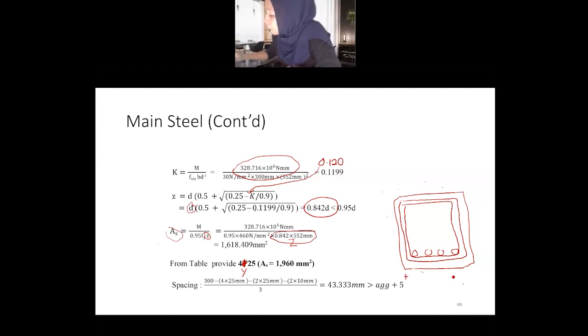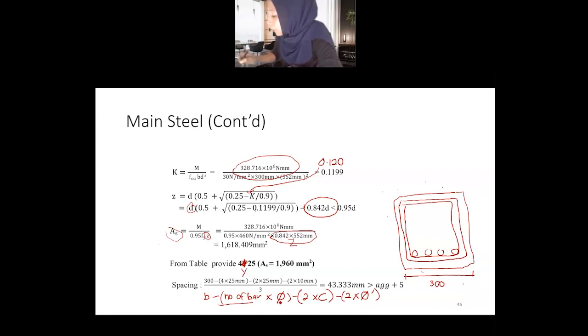Okay, so you have like 300. Mana datang formula ni? So I tulis formula dia 300 apa. So 300 ni adalah B minus number of bar, okay, darab dengan diameter of bar lah, okay, minus 2 darab apa ni, concrete cover, minus 2 darab dengan 10 mm ni adalah diameter of shear reinforcement ataupun link.